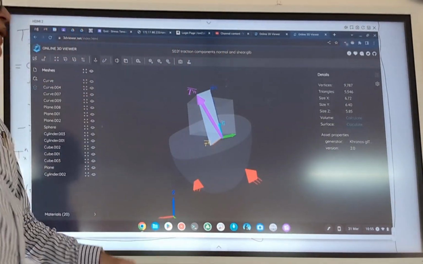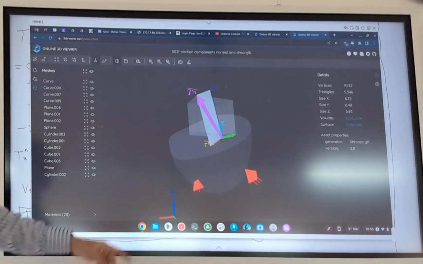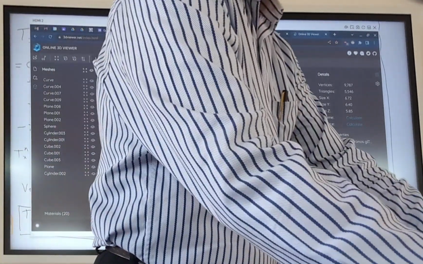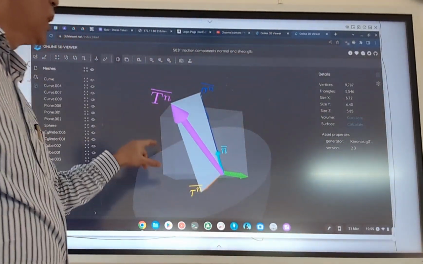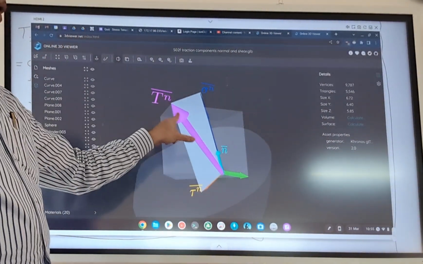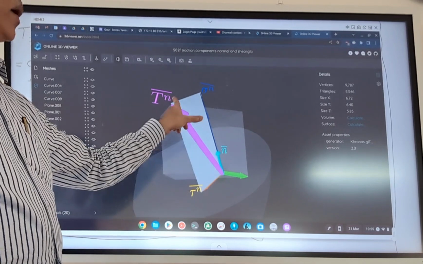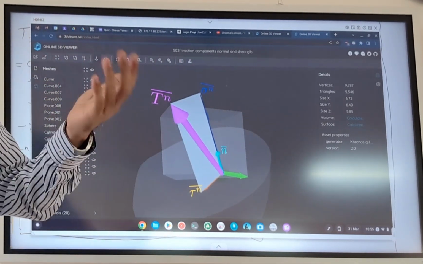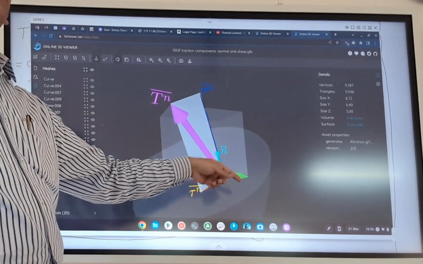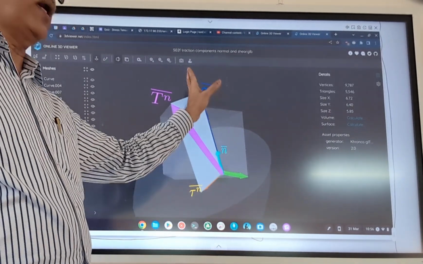At the end of this Cauchy's equation, what we will get is this Tn bar, the XYZ components of it. What mechanical engineers in general would like to know is not the XYZ components, but the components on whatever plane you have chosen.